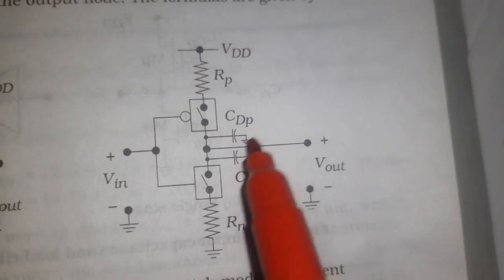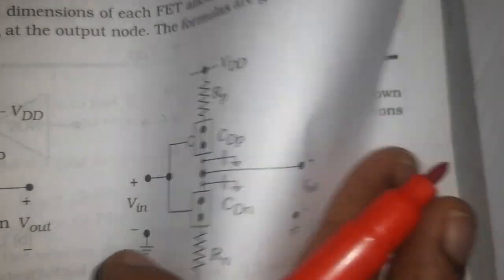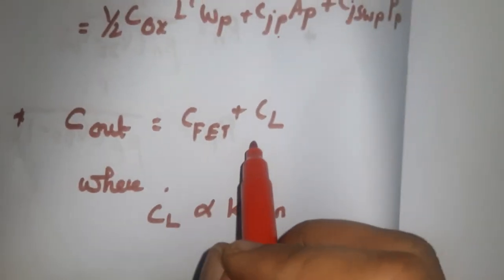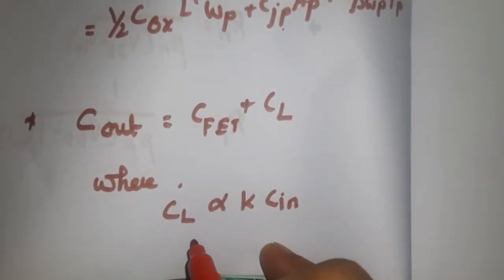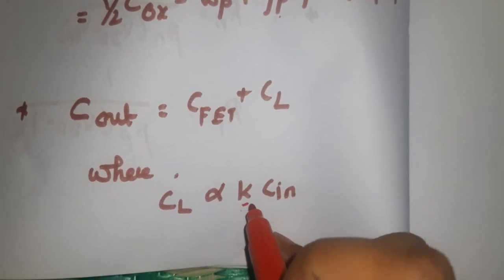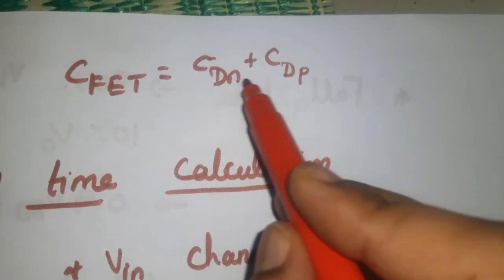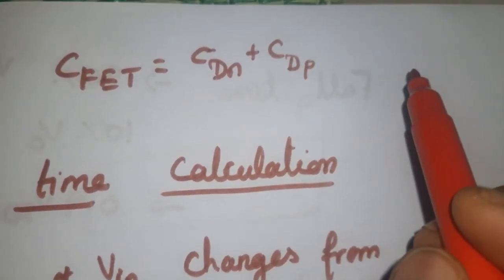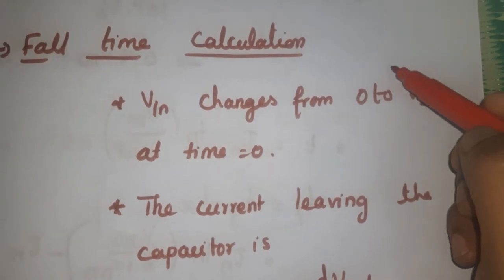Initially we have the internal capacitance, and now including the fan out it becomes like this. The value of C out is equal to CFET plus CL, where CL is equal to K into Cn, and K is the fan out value. CFET is the addition of the internal capacitances CDN plus CDP.